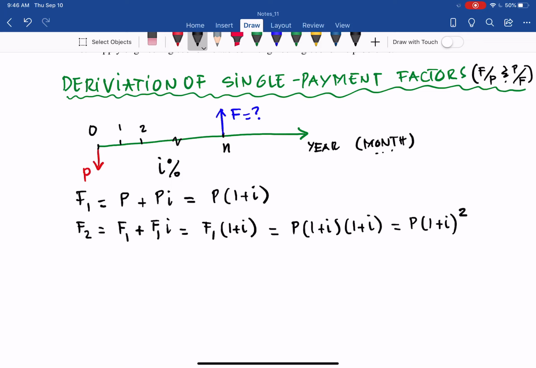With that, as you can see, we will go by induction for n interest periods. That is what we want to find out: what happens when we withdraw n periods later, n years or n months later.